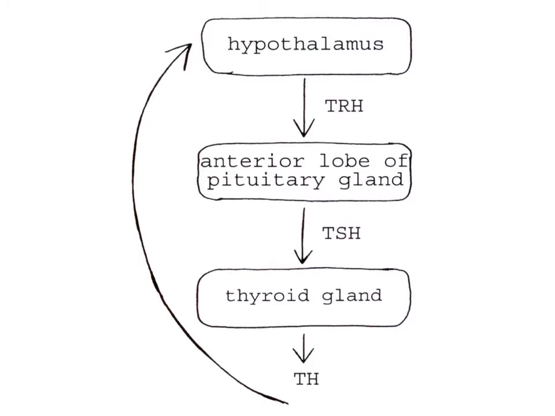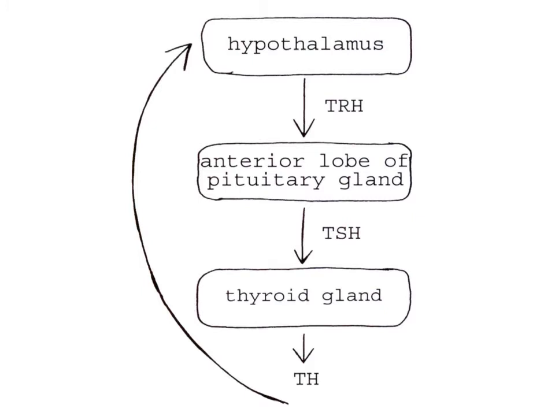This will cause the anterior lobe of the pituitary gland to produce less thyroid stimulating hormone. If there's less thyroid stimulating hormone, this will cause the thyroid gland to produce less thyroid hormone, thereby lowering the levels of thyroid hormone back down towards the homeostatic ranges that are required.